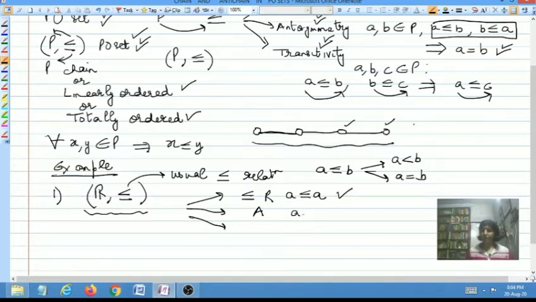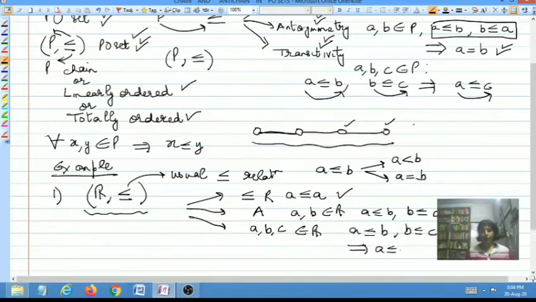Antisymmetry is satisfied, because if you pick up any two real numbers such that A is less than or equal to B and B is less than or equal to A, then we know that A is equal to B. And if you pick up any three real numbers A, B and C belonging to R such that A is less than or equal to B and B is less than or equal to C, then A is less than or equal to C. So transitivity is satisfied. All three properties are satisfied: reflexivity, antisymmetry and transitivity, which means that this is very much a PO set or a partially ordered set.